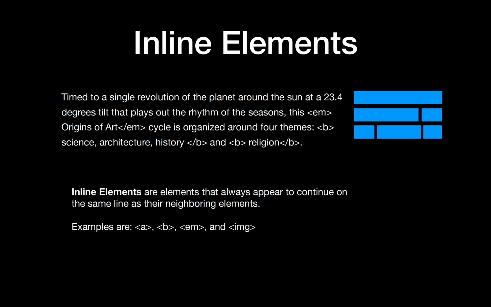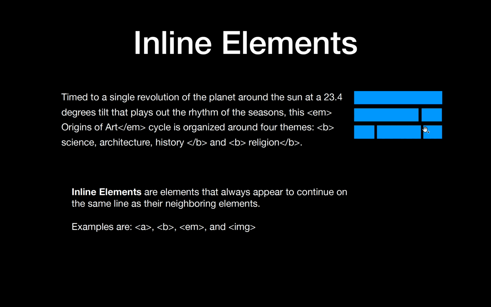Inline elements are elements that always appear to continue on the same line as their neighboring elements. This is what we're typing in our code, and we have our tags here and our tags here. If you take a look at this, these always appear inline. For example, this is our sentence. This is where we start our emphasis tag. This is where we end our emphasis tag.